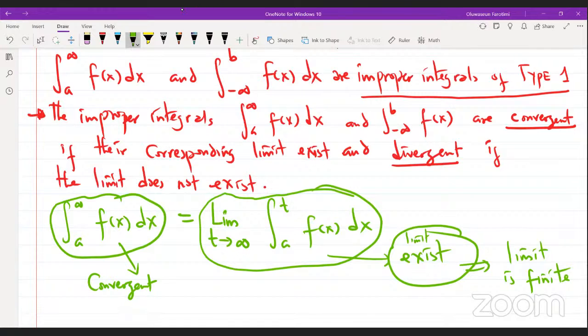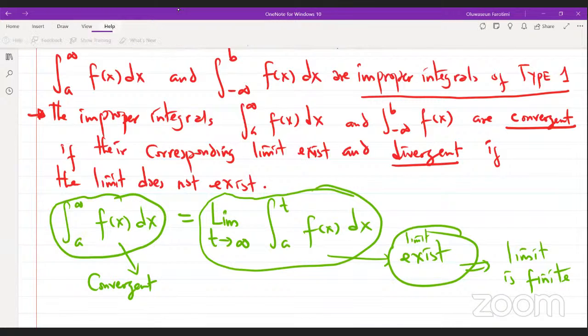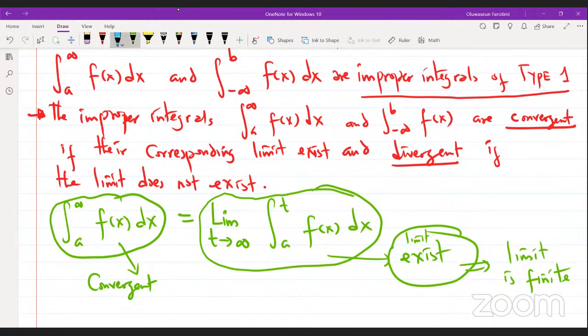On the other hand, this one, let's use a different color right now. Let's do blue. This one is divergent. When, guys?